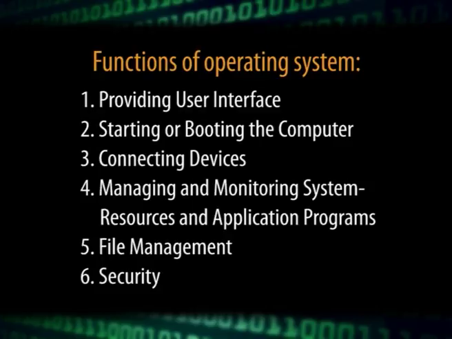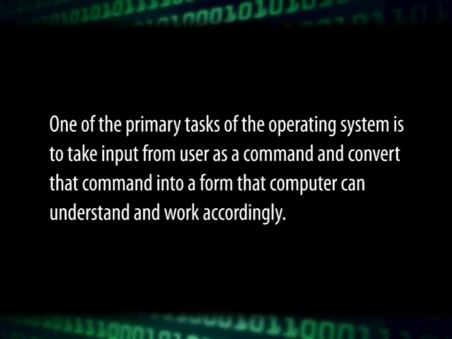So, I have explained the 6 different tasks performed by the operating system, and as I explained, one of the primary tasks of the operating system is to take input from the user as a command and convert that command into a form that the computer can understand and work accordingly.